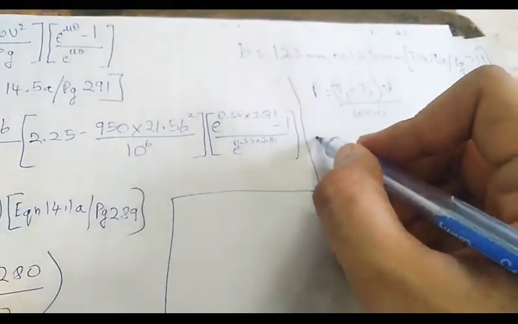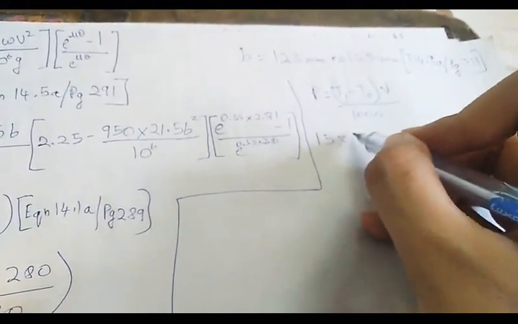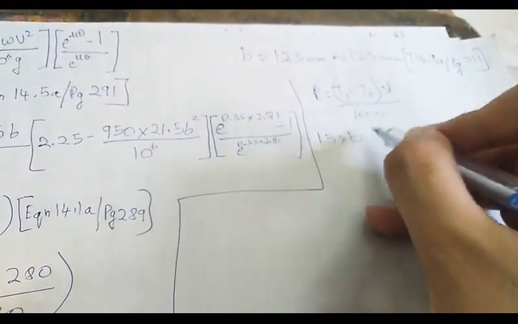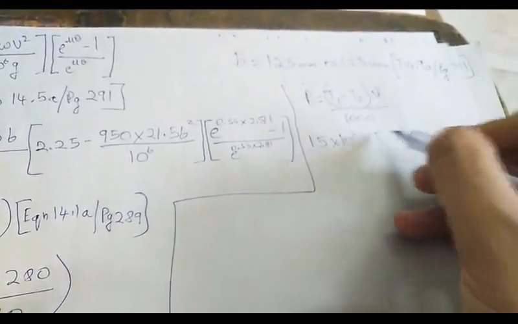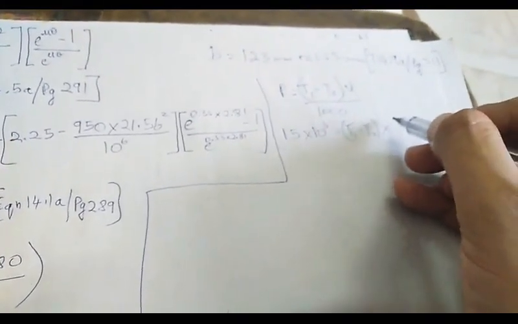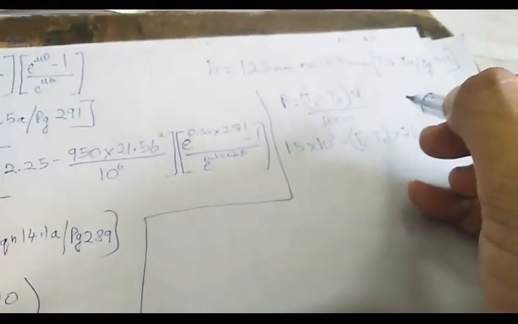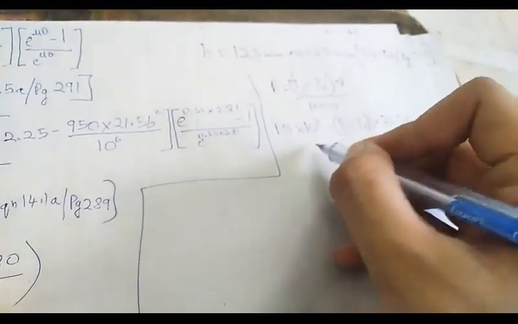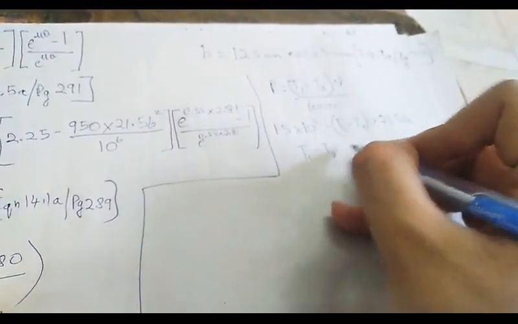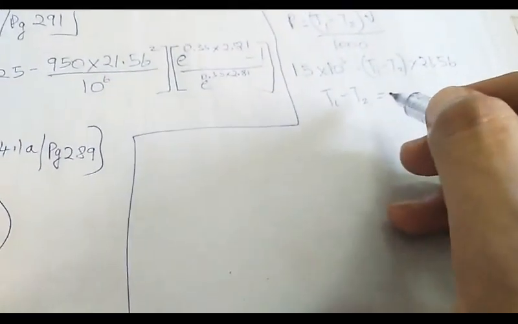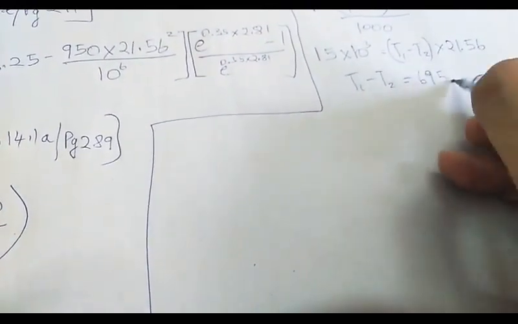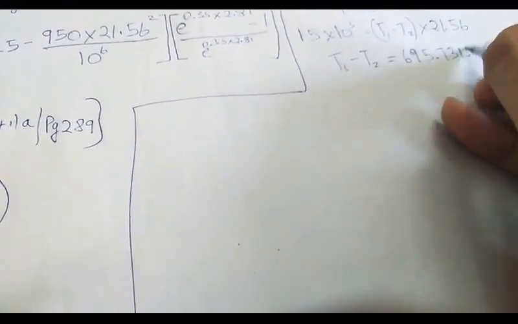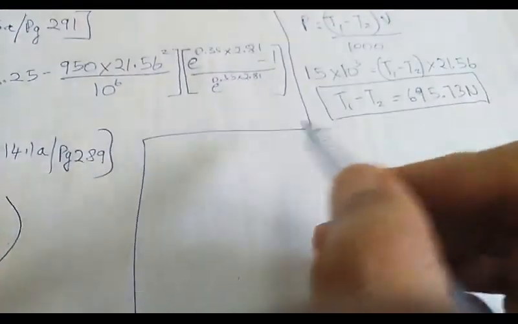The value of power is 15 kilowatt. T1 minus T2 into V, V is 21.56. So the value of T1 minus T2 is 695.73 newtons. This is the value of T1 minus T2.